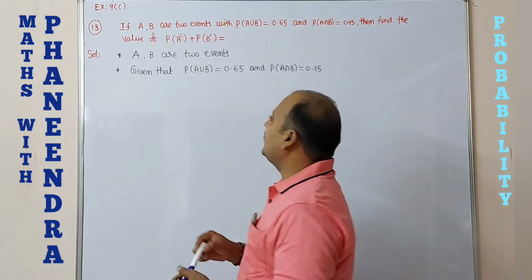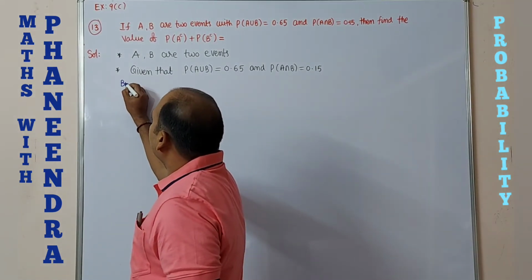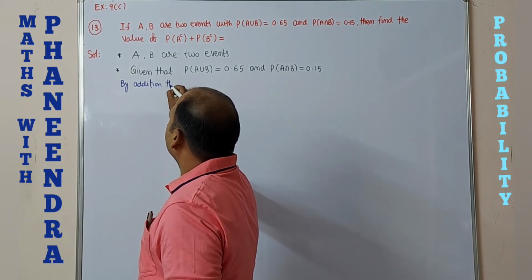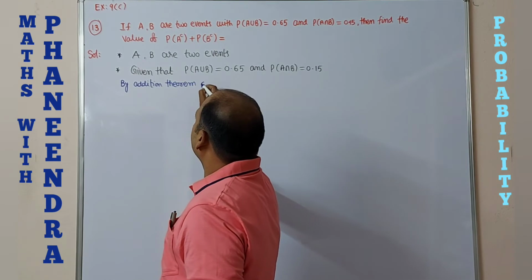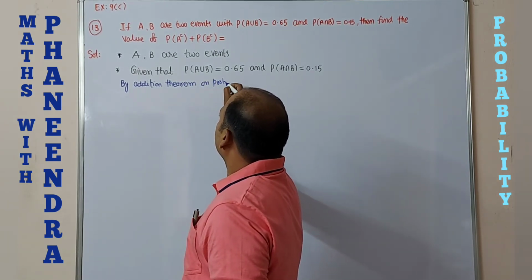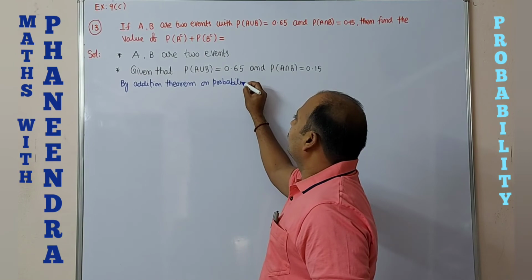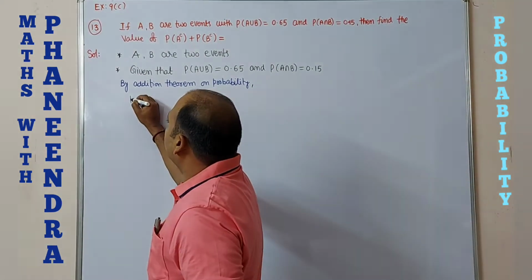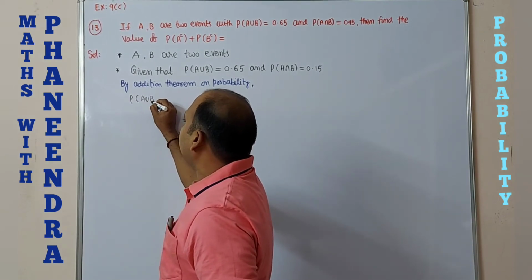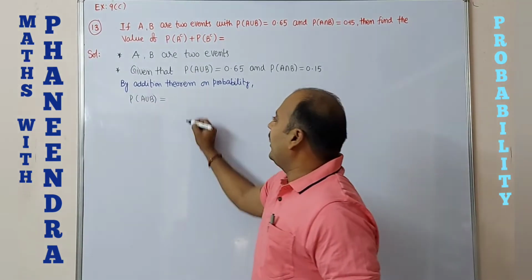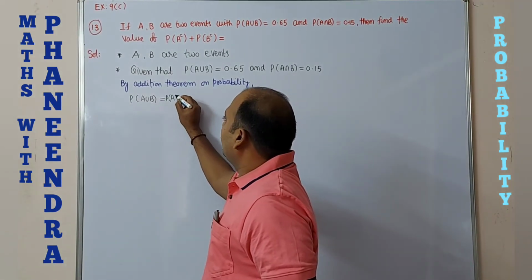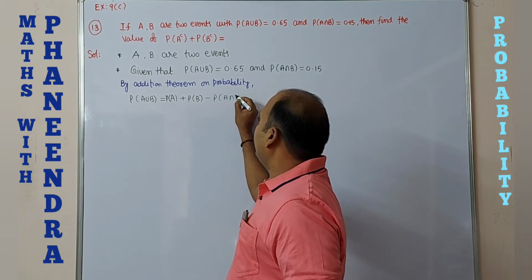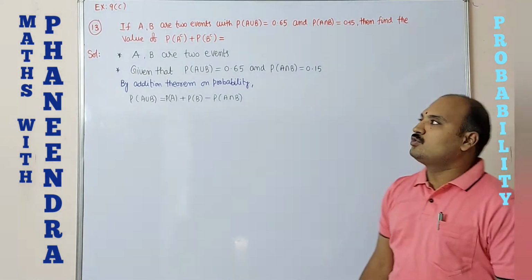By the addition theorem on probability, which states that P of A union B is equal to P of A plus P of B minus P of A intersection B, first substitute the known values.